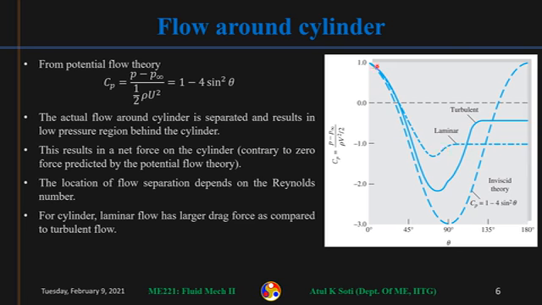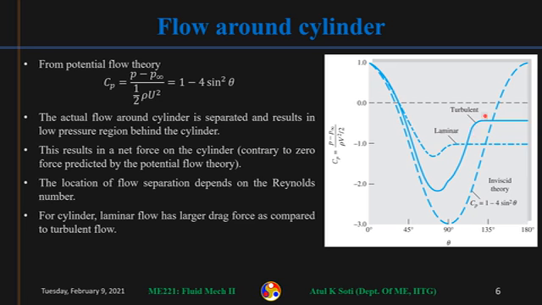Okay, and then also, if we increase the Reynolds number and we measure the turbulent flow region, if flow is turbulent, then pressure variation is like this. It's definitely different from laminar, but it's also different from the potential flow case. And here also we have flow separation that results in a lift and drag force on the cylinder.